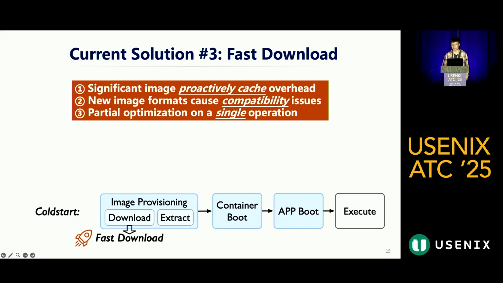Other works proposed a new image format to enable on-demand loading, but these are often incompatible with existing systems and require significant engineering effort for large-scale applications. Importantly, these works tend to overlook the other critical steps beyond download.